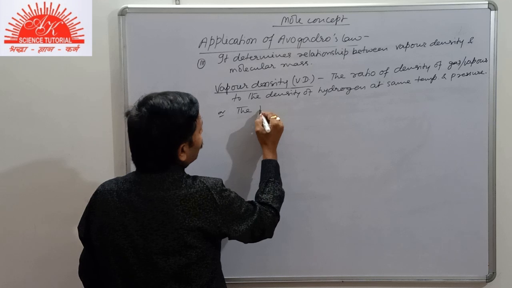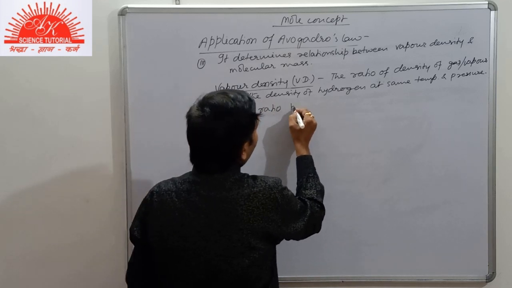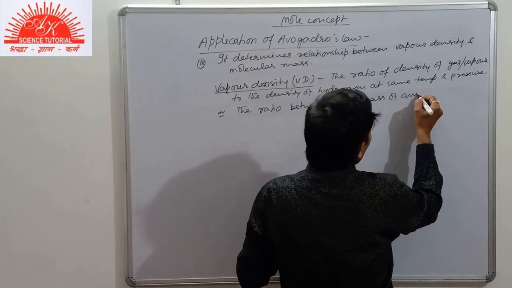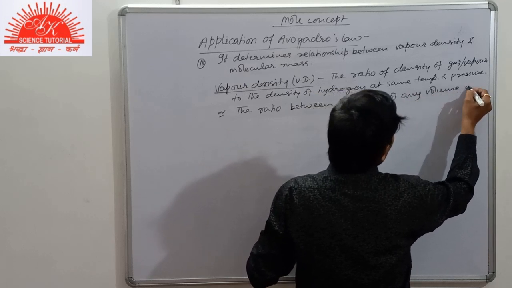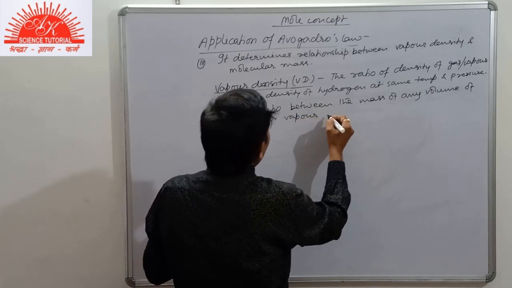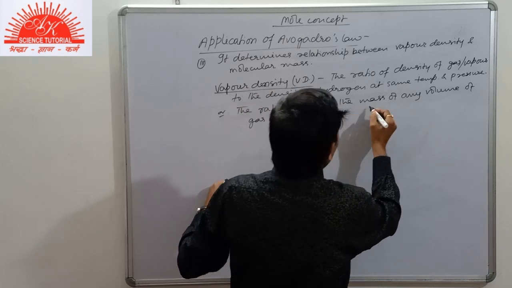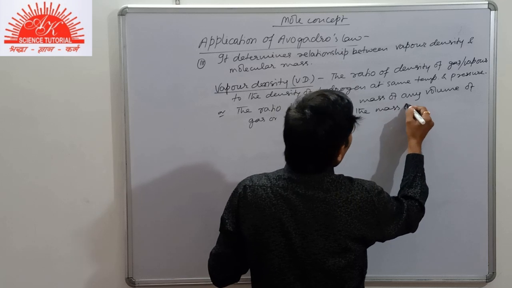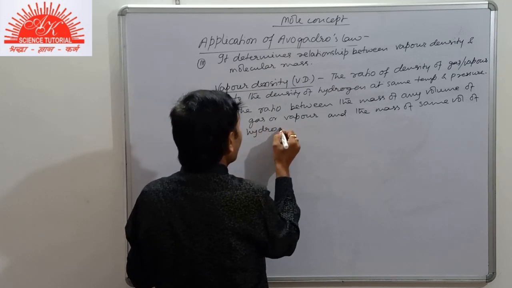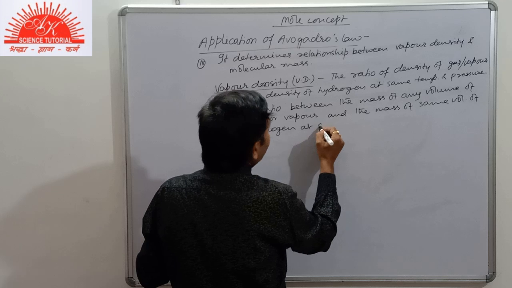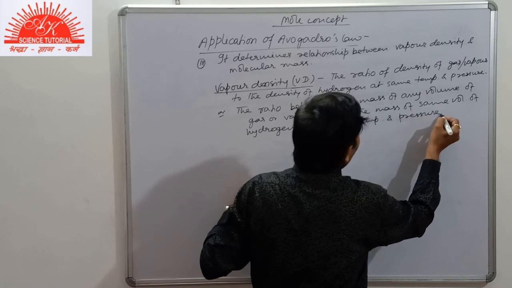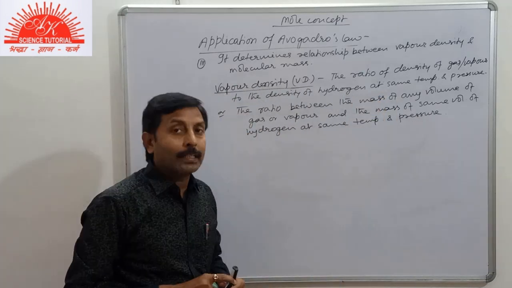The ratio between the mass of any volume of gas or vapor and the mass of the same volume of hydrogen at the same temperature and pressure. This is the definition for vapor density.